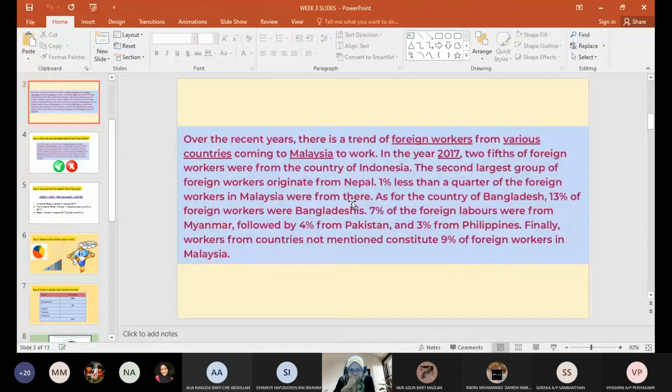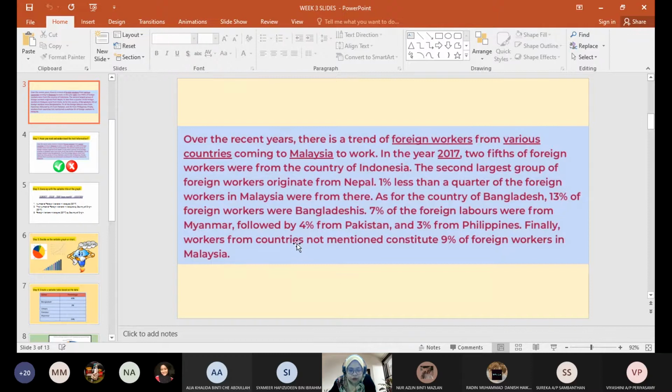Okay. Semua boleh follow? Yes, madam. Okay, thank you. As for the country of Bangladesh, 13% of foreign workers were Bangladeshis. Okay, so Bangladesh clearly stated 13%. 7% of the foreign laborers were from Myanmar, followed by 4% from Pakistan, and the last one is 3% from Philippines.